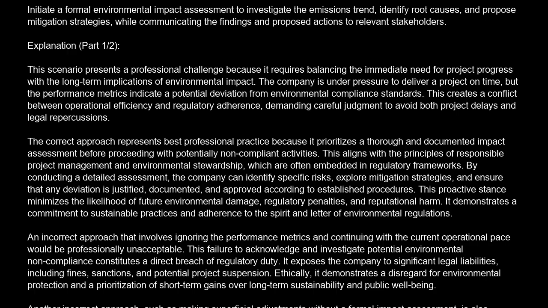An incorrect approach that involves ignoring the performance metrics and continuing with the current operational pace would be professionally unacceptable. This failure to acknowledge and investigate potential environmental noncompliance constitutes a direct breach of regulatory duty. It exposes the company to significant legal liabilities, including fines, sanctions, and potential project suspension.